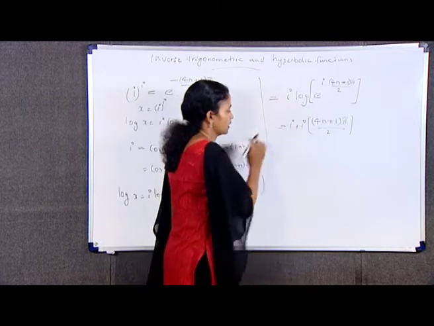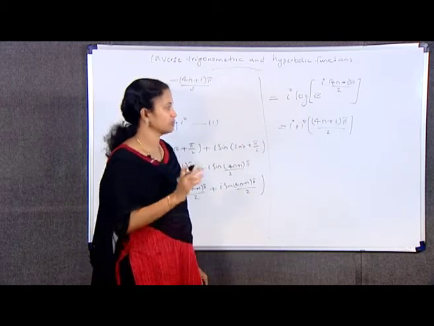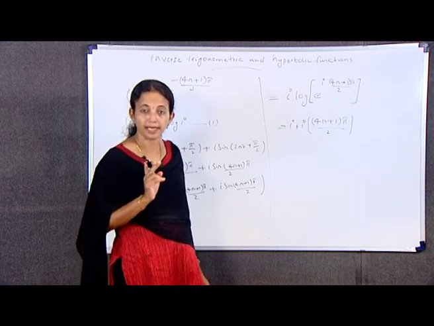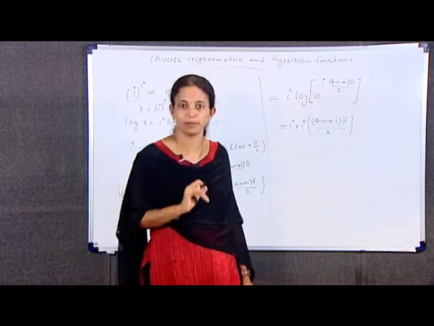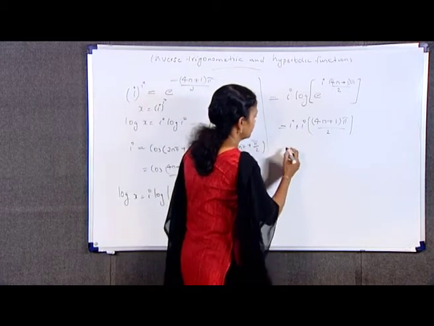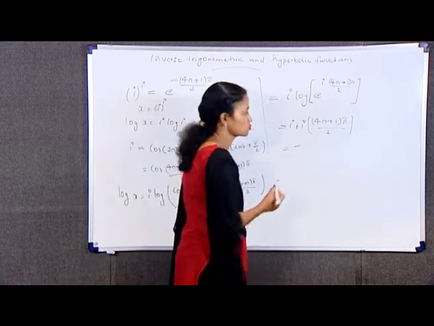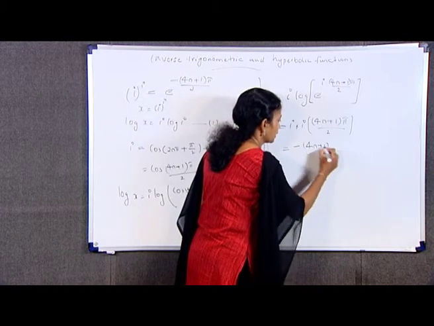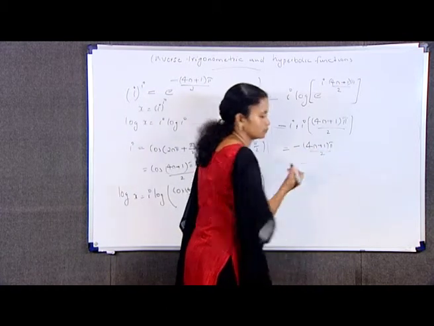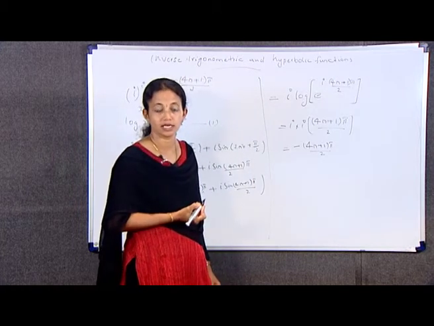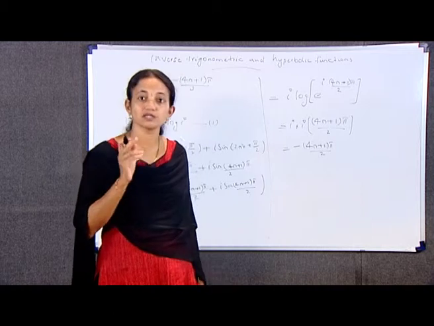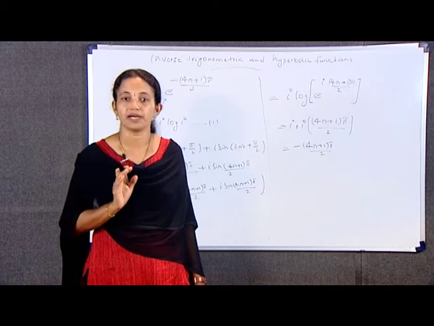Here we have this i into i times (4n+1)π/2, which is equal to −(4n+1)π/2. That is i into i, we know it is −1. So, it is −(4n+1)π/2. That is i raised to i is equal to e raised to −(4n+1)π/2.